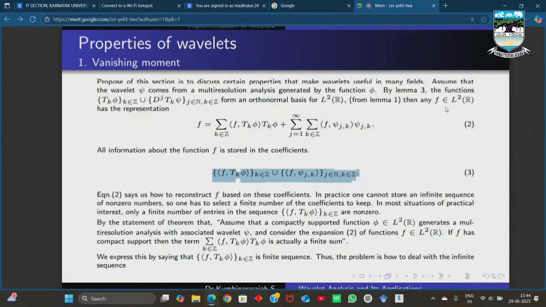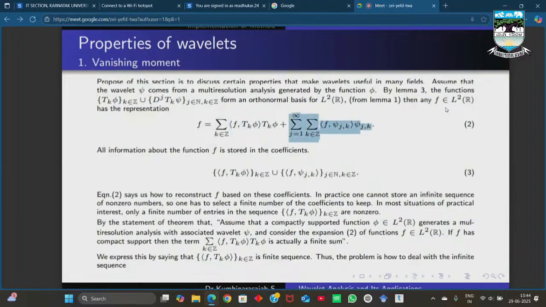So in the first series term, there is no problem. By the above lemma, a finite number of coefficients will be non-zero. That means an infinite number of coefficients will be zero. So from the first term, I get only a finite number of terms.